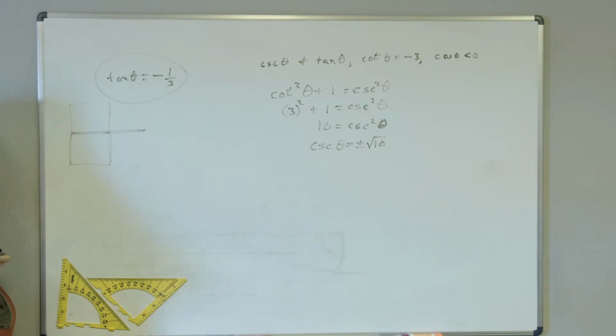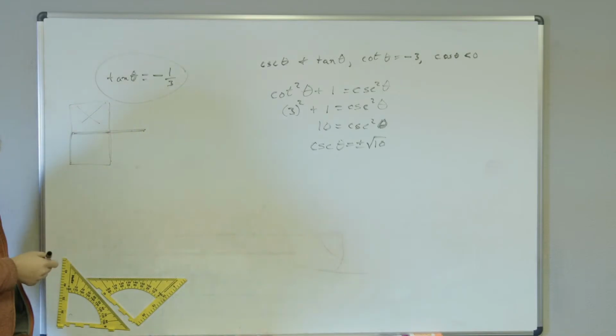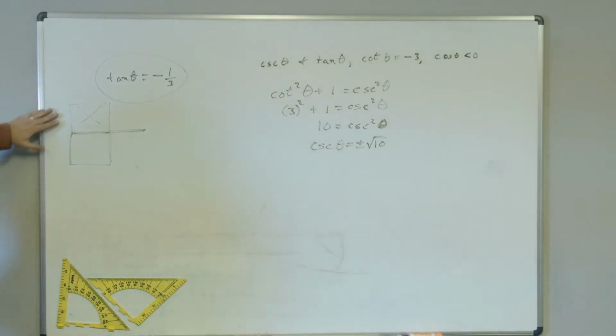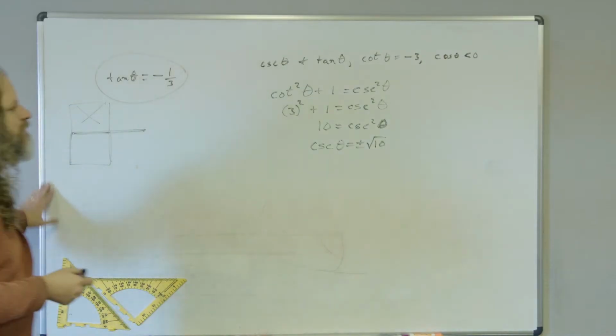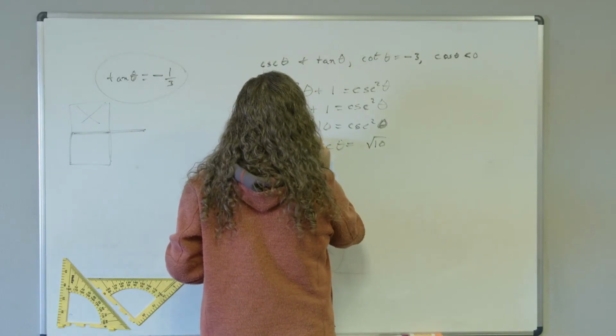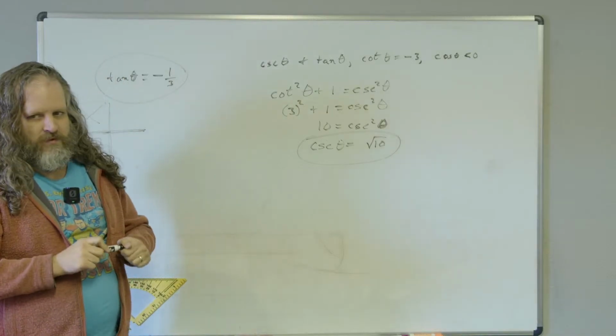Cotangent is negative 3, so it's in the top left, up here somewhere. So is cosecant positive or negative up here? Positive, because sine is positive up there.